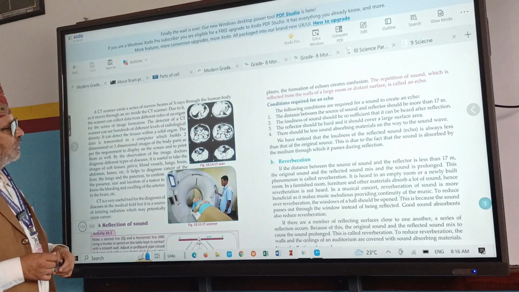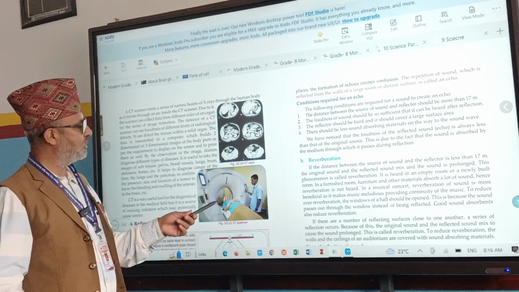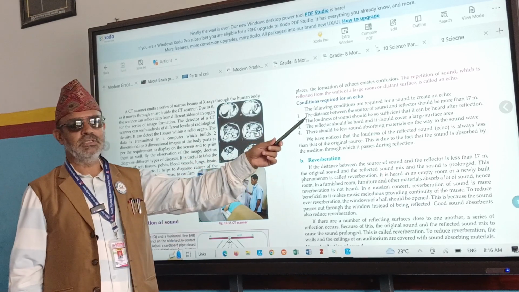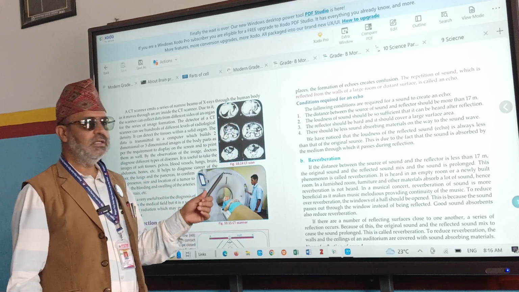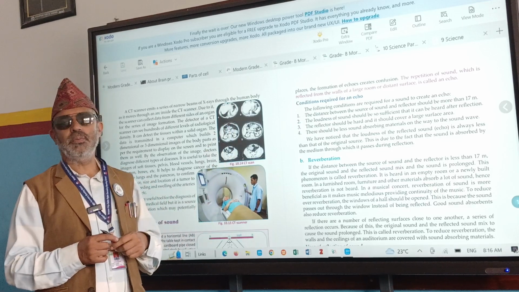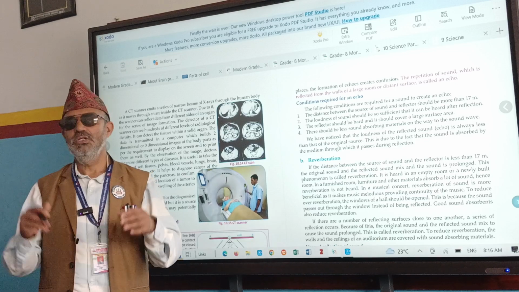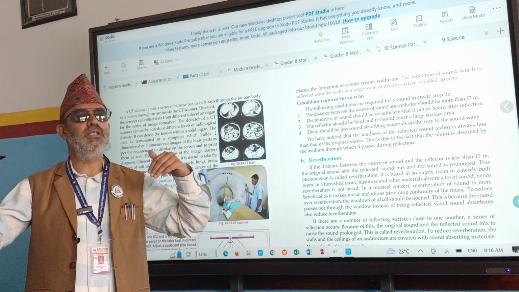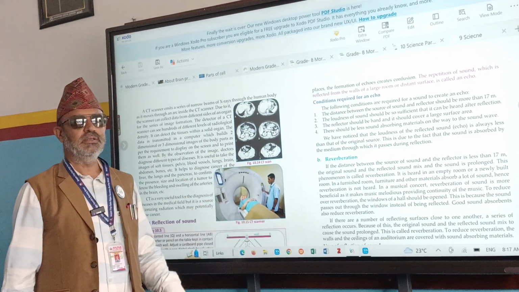What is that? CT scan. CT scan is done mainly of our brain, isn't it? In X-rays, they use X-rays in one direction only, but in CT scan, X-rays are supplied from three dimensions: lengthwise, breadthwise, heightwise. Means from different directions X-rays are passed and pictures are obtained.